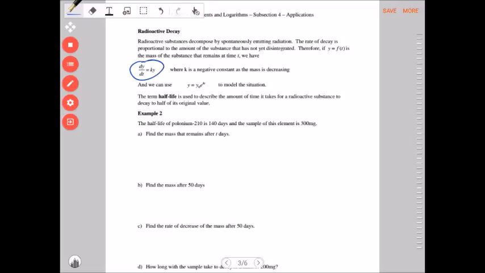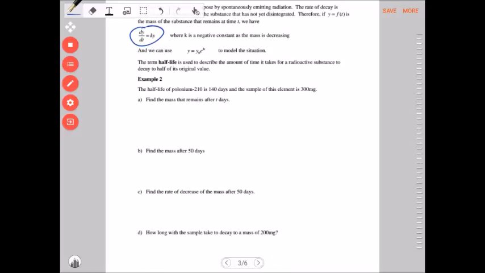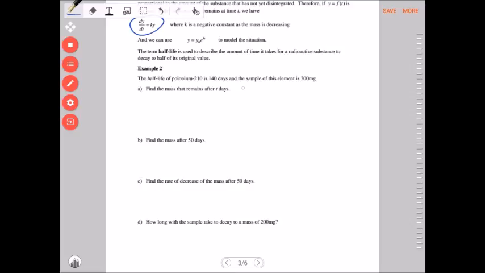Example 2. The half-life of polonium-210 is 140 days, and the sample of this element is 300 milligrams. Find the mass that remains after t days. Okay, if the half-life is 140 days, it means that when t equals 140, the mass is 150 milligrams, or half of the original.